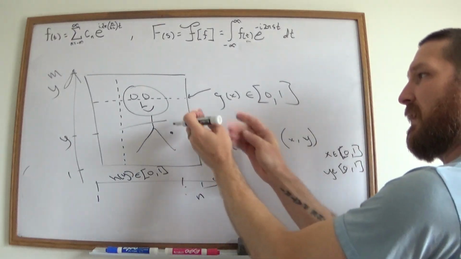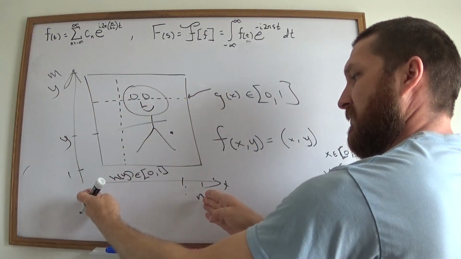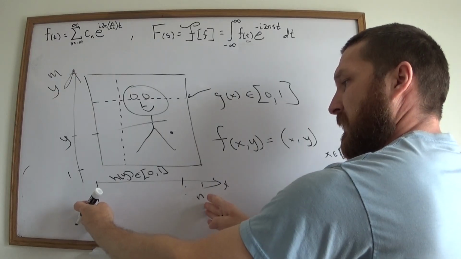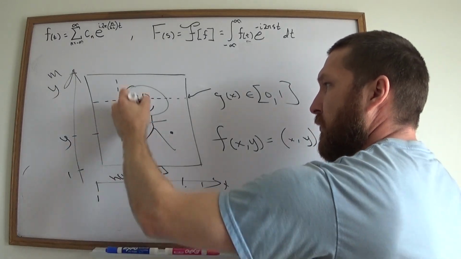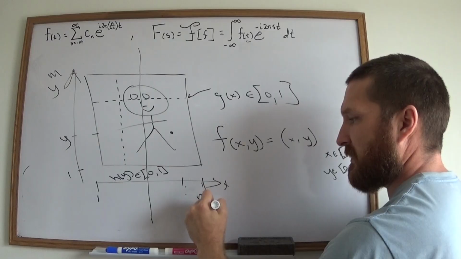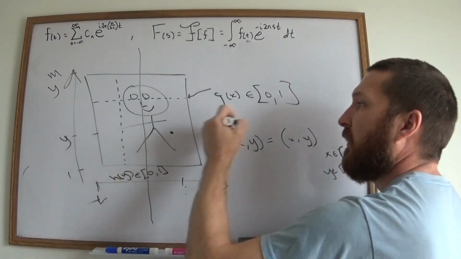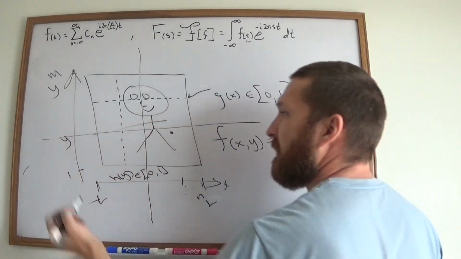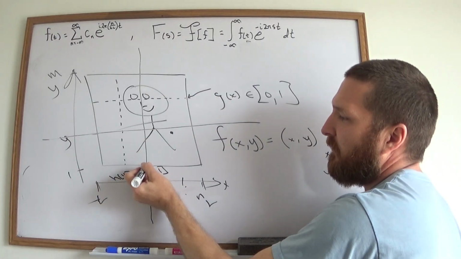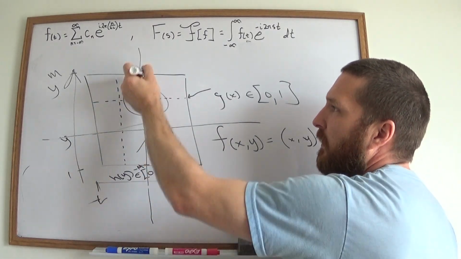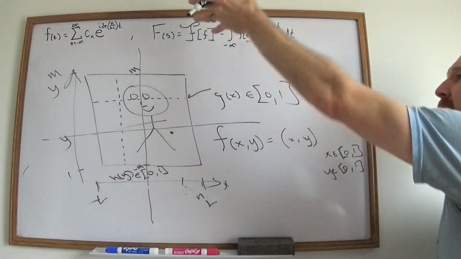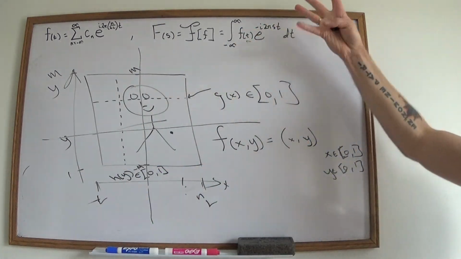Thinking about these as functions, they're defined on some finite domain. You could draw a new axis here, call this L, call this negative L, center it, and define it from negative L up to positive L. And there's a 2-dimensional analog for this.